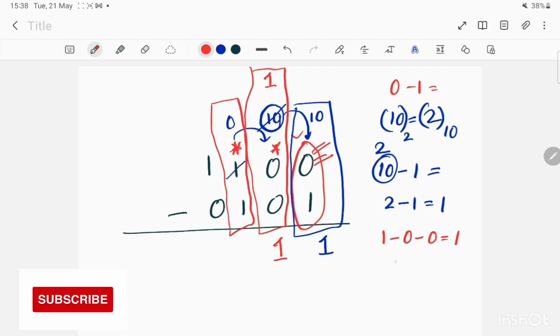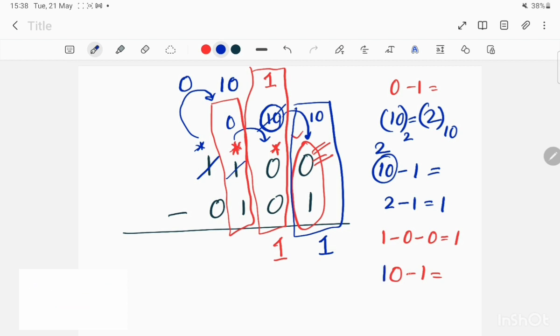Again the problem arises. Here we have 0 minus 1. Now again we will borrow from the next neighbor. So from here when we borrowed, this became 0 and this became 1 0. So now we have 1 0 minus 1. 1 0 is nothing but 2, 2 minus 1 is 1.